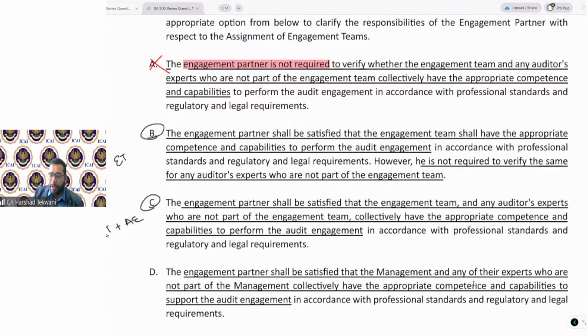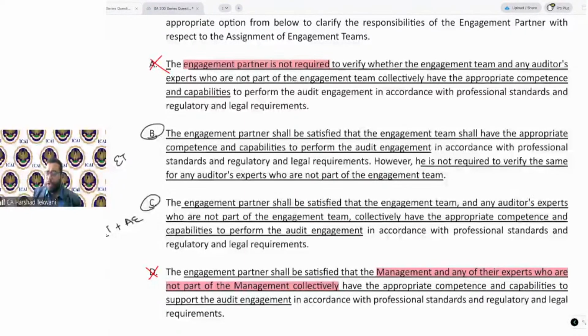So that is also incorrect, because we are not required to look for the management whether they have competency or capability to support the audit or not. So A and D are incorrect. Now you tell me whether I am required to look onto the auditor's expert competency or capability or not. So accordingly, I will say B or C.